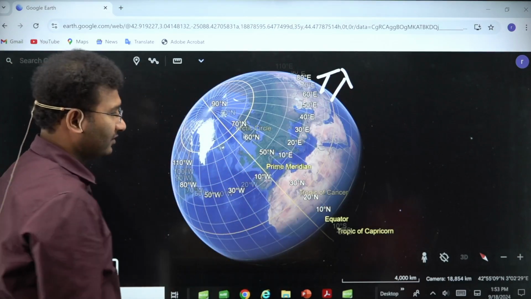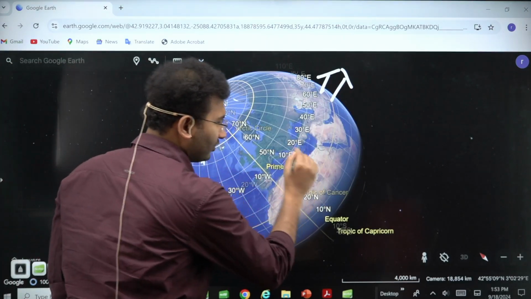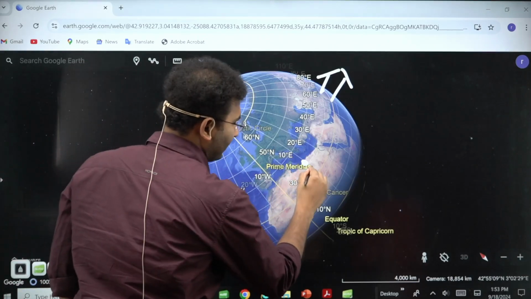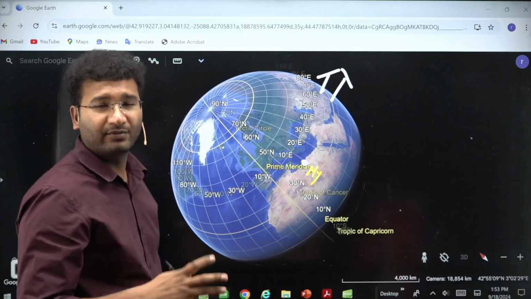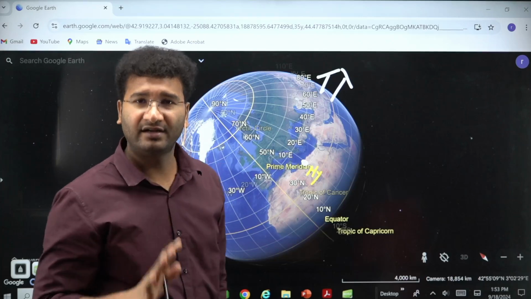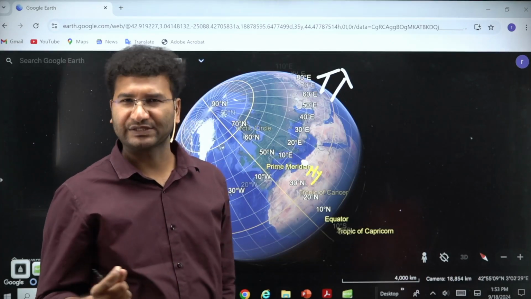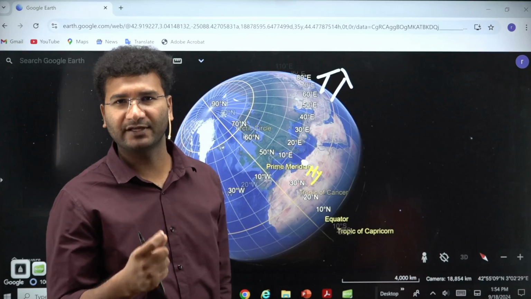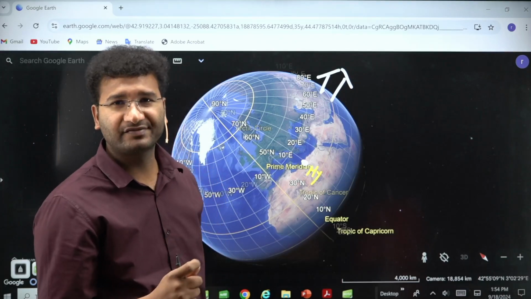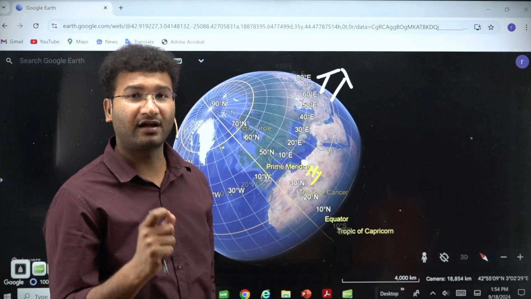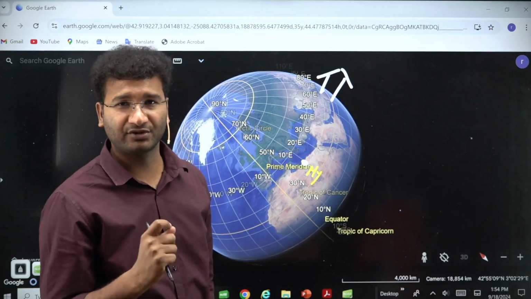If you have an earthquake here, I'll call this the hypocenter, and from here the earthquake came and reached the epicenter. Now you tell me, are P waves dangerous or S waves dangerous, using the propagation of the waves? P waves are parallel to the direction of the wave. S waves are perpendicular to the direction of the propagation of the wave.